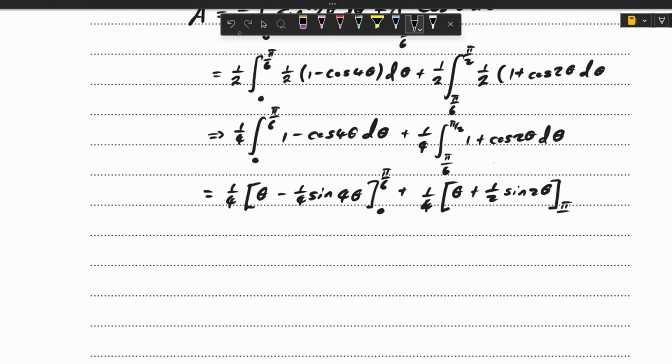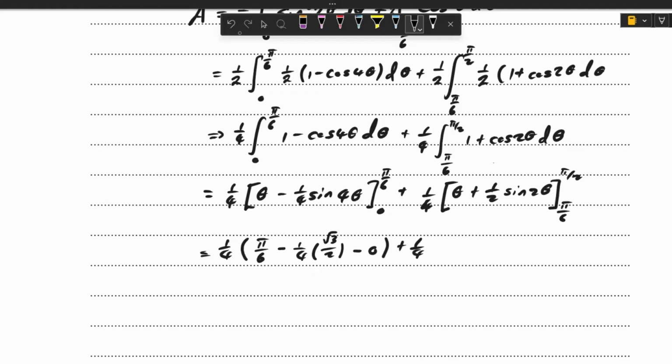The limits are still pi over 6 and pi over 2. So this is going to be a quarter of, and substituting pi over 6 into this, we get pi over 6 minus a quarter of sine of 4 times pi over 6, which is sine of 2 over 3 pi, which is root 3 over 2. Now we substitute 0 into this and it will give us 0. So it's plus a quarter.